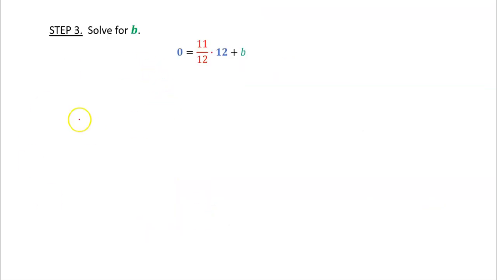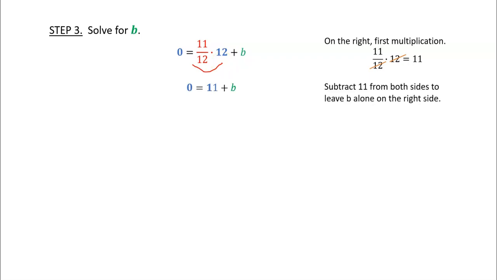So we have this. On the right we have 11 over 12 times 12, which is 11. We substitute 11 into this part and we get 0 is equal to 11 plus b. To isolate b, subtract 11 from both sides.